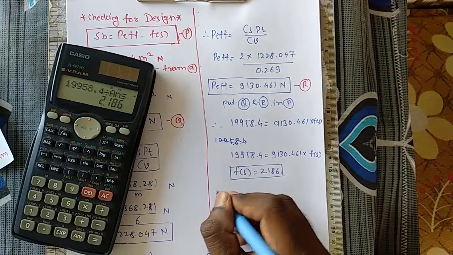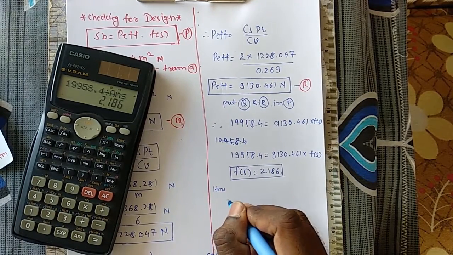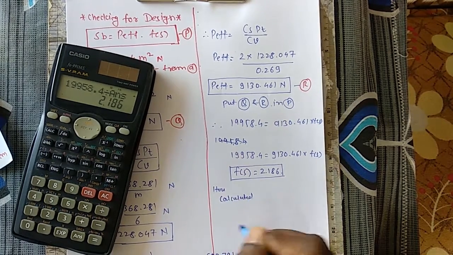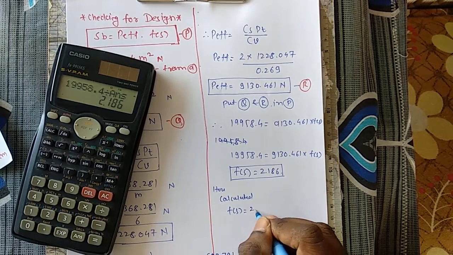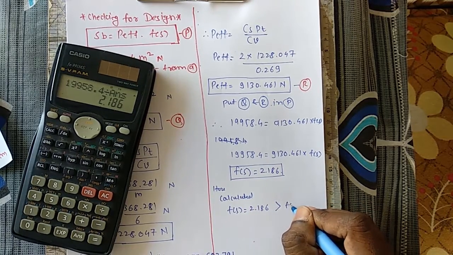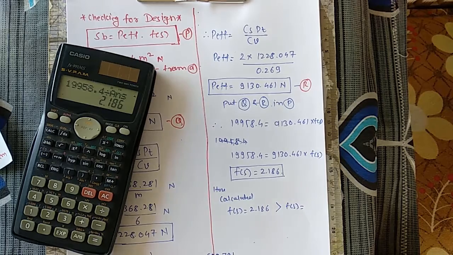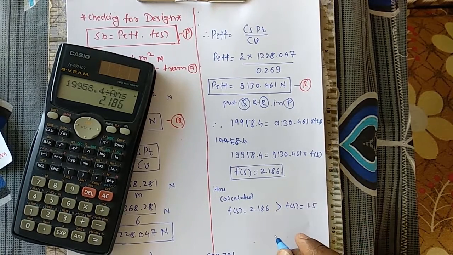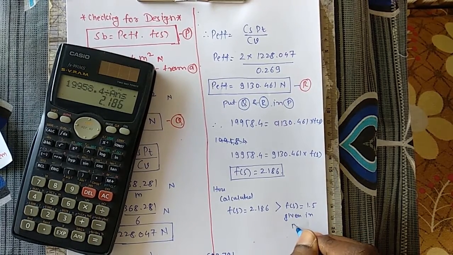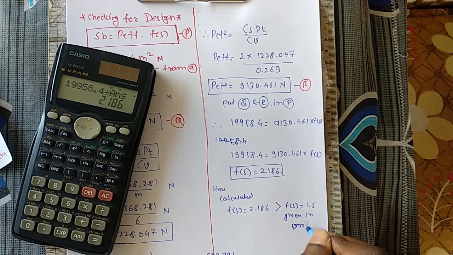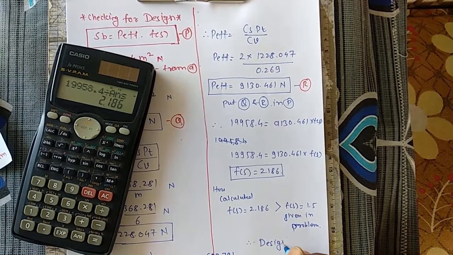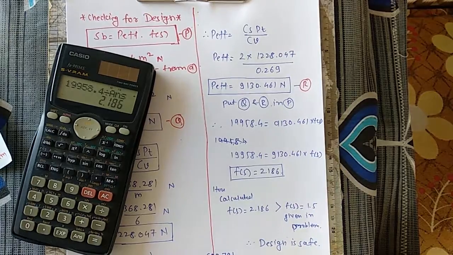So here the calculated factor of safety Fs is equal to 2.186, which is greater than Fs equal to 1.5 given in the problem. Therefore the design is safe.